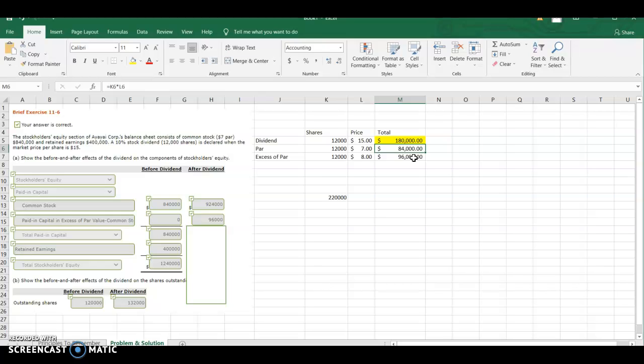In the textbook, it has a before dividend, change, and after dividend. Here we simply have the before and after, and we need to fill in all the blanks ourselves. So common stock is 840,000 plus 84,000, which is 924,000.